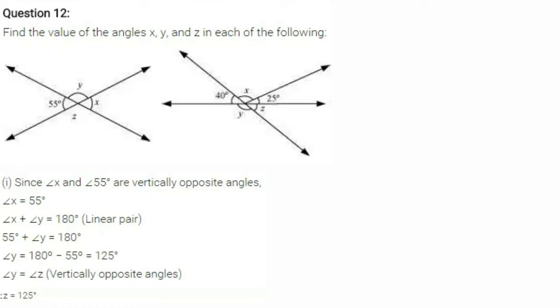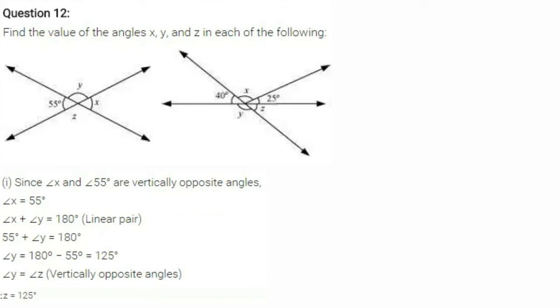We know the value of angle X, so we will put it here. So 55 degrees plus angle Y equals 180 degrees implies that Y equals 180 degrees minus 55, and it is 125 degrees. Now angle Y and angle Z are also vertically opposite, so Z is also 125 degrees.